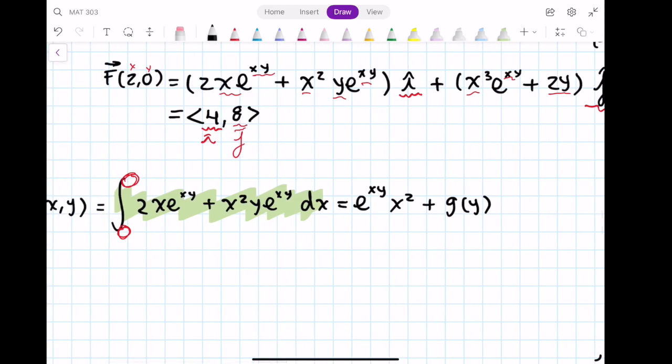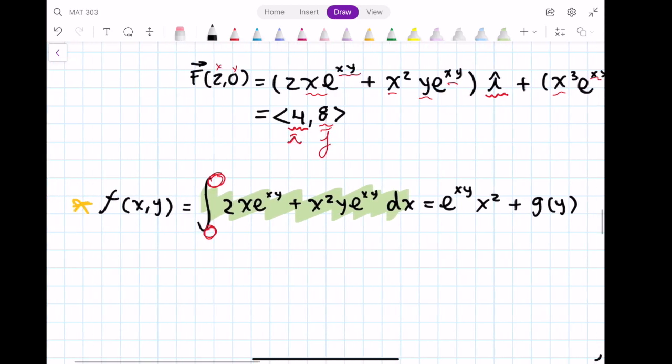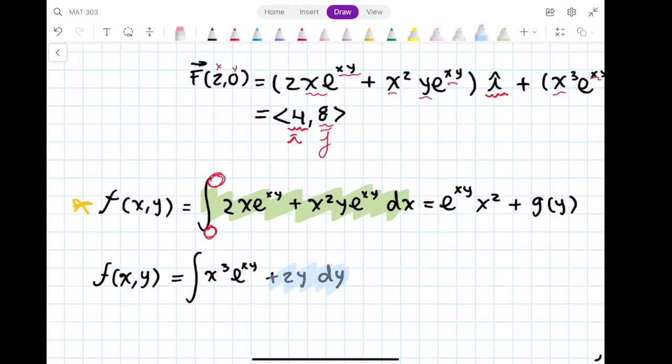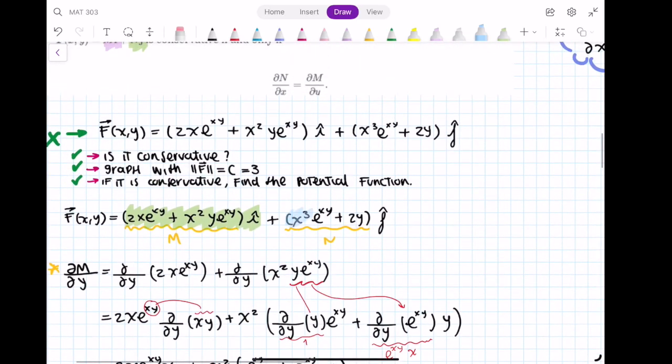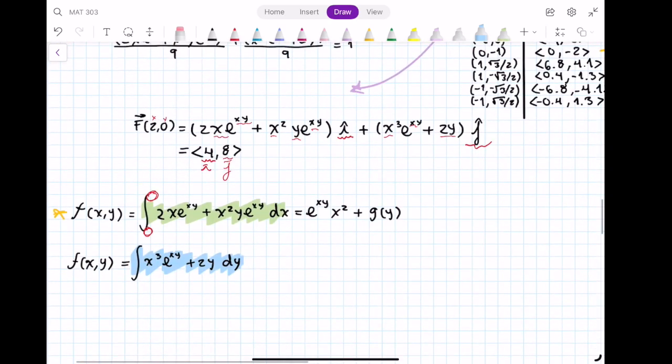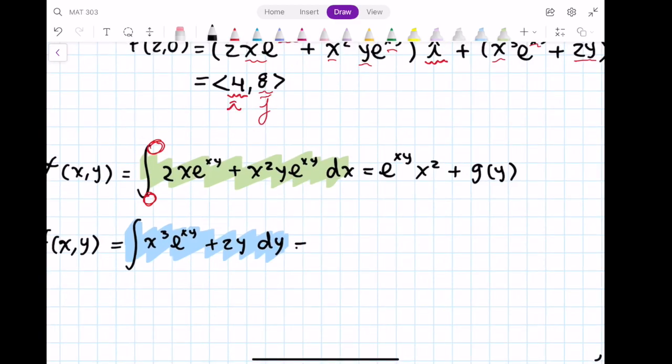We're going to do the same thing with N. So it's going to be the integral of x cubed exponent 2y dy. And this comes from this part, right? So this is equal to, I already have the answer because it will take longer if we explain it here, but this is our answer, right?